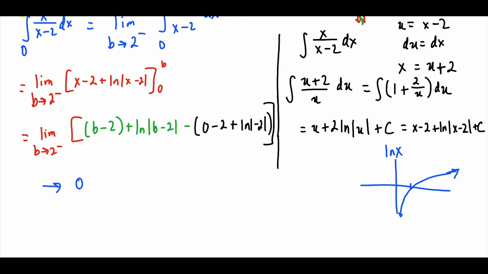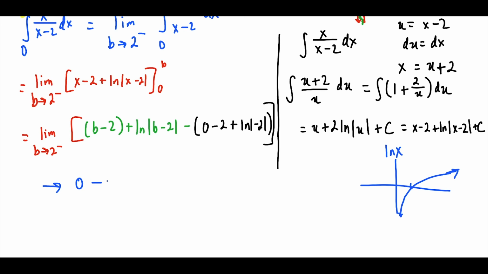Okay, because if you think about what happens to b minus 2, well, b minus 2 approaches 0 as b approaches 2. So what we're looking at here is, and the absolute value keeps this positive the whole time, so we're not going to have to worry about negative numbers. But what happens as we approach 0 from the positive side, or we approach 0 on the right side of 0, we're going from right to left here, the entire expression goes to negative infinity.